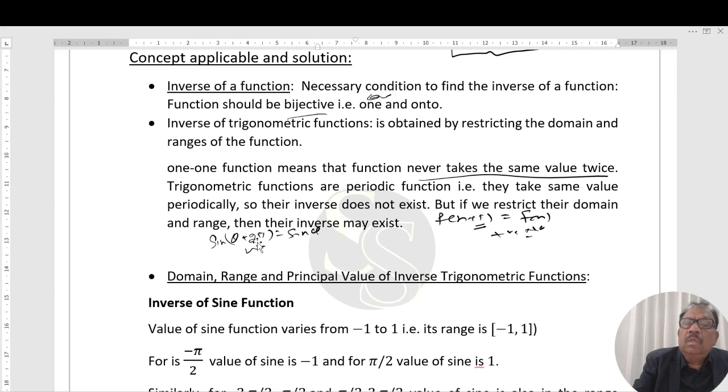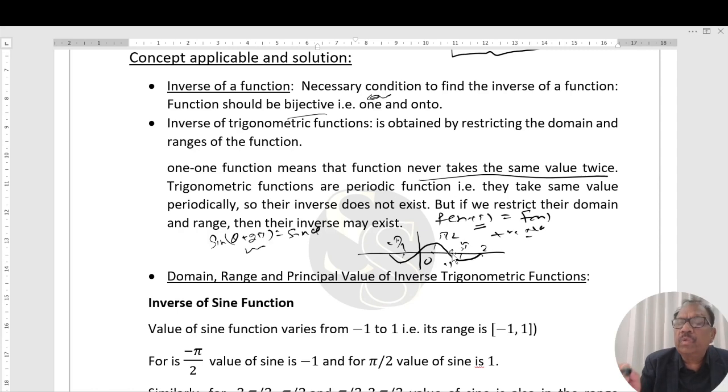Now, to find the inverse of a function, it should be bijective. Bijective means one-one and onto. One-one means it never takes the same value twice. Suppose this is the sine function, with points 0, pi by 2, minus pi by 2, 3 pi by 2, pi and 2 pi.